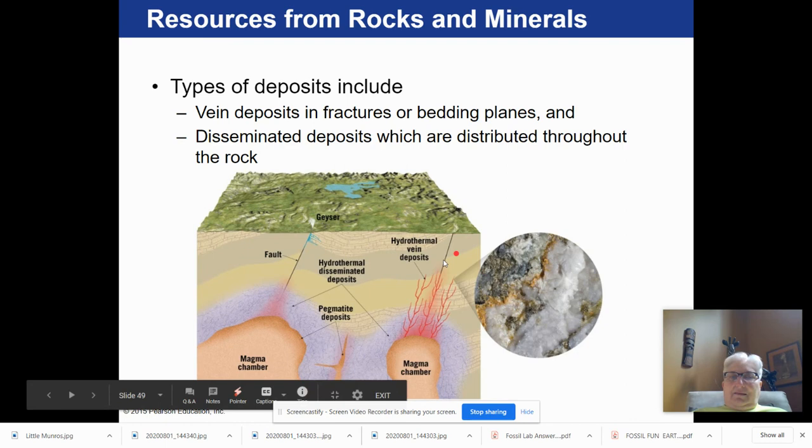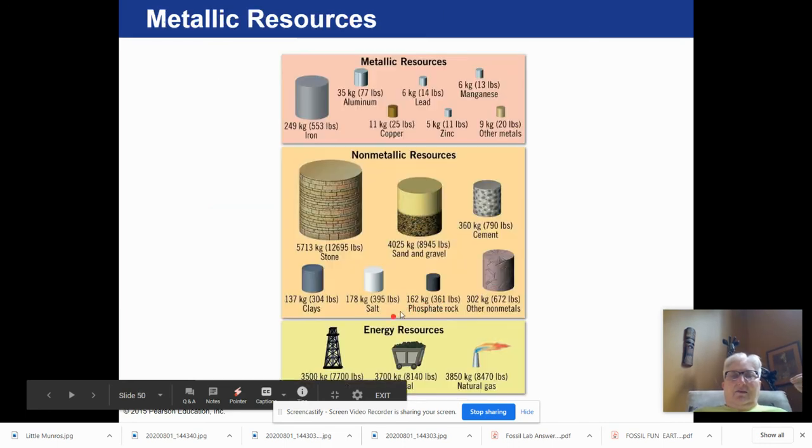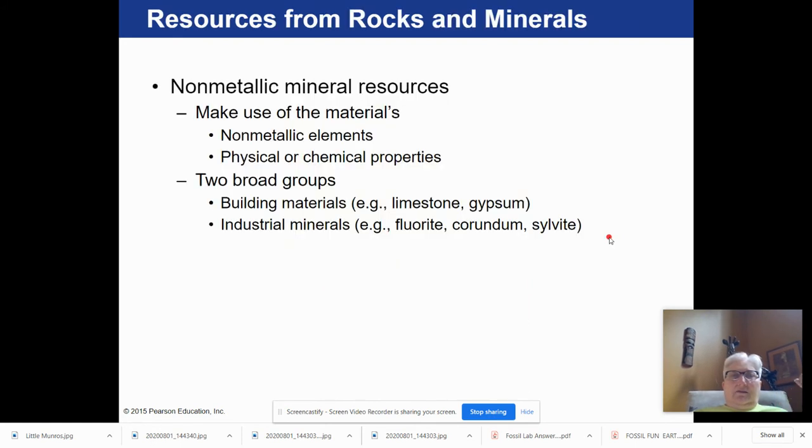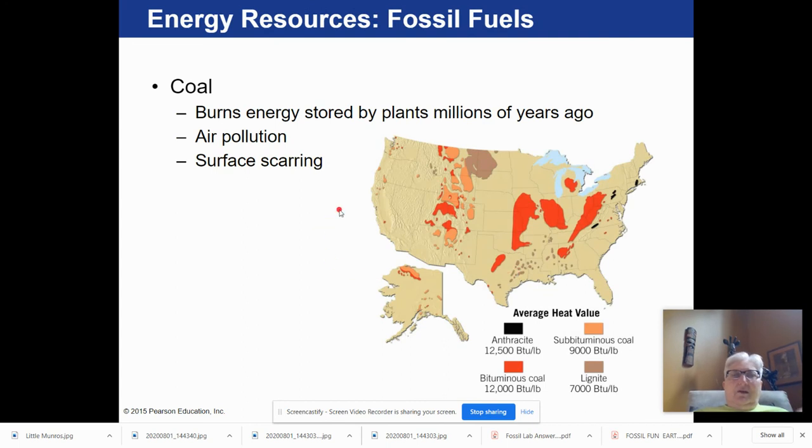Lots of deposits that we see under the Earth's surface. Here we see our magma chamber, and because of these intrusions and things, we have the escape of the magma into the various layers of the Earth. This is where a lot of our metals and metalloids come into being. So I'm not going to spend much time here on metals.